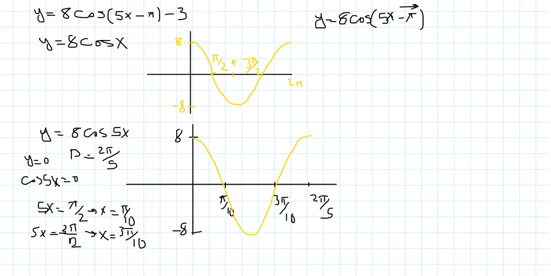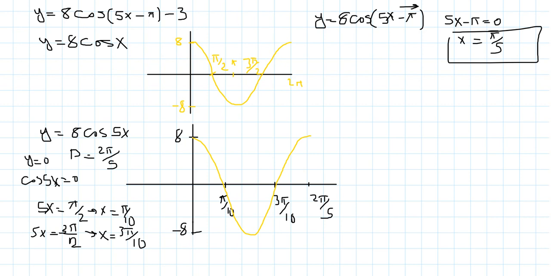Now we should find the phase shift. To find the phase shift, you only need to make the bracket equal 0. So x should be pi over 5. I have a phase shift of pi over 5. It means I should draw it and only need to have a shift of pi over 5.